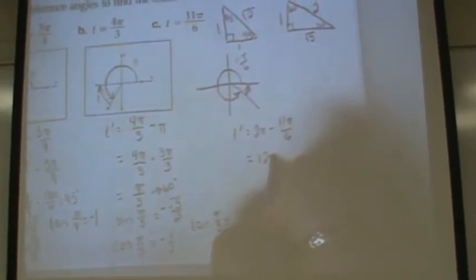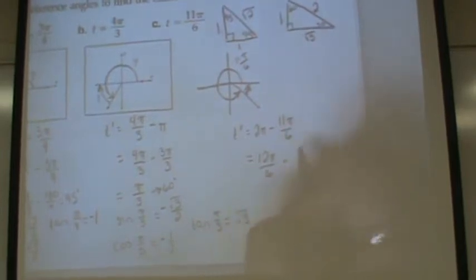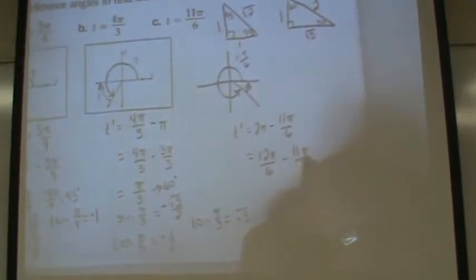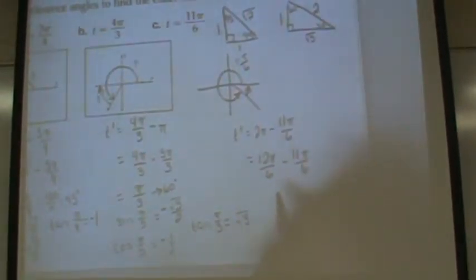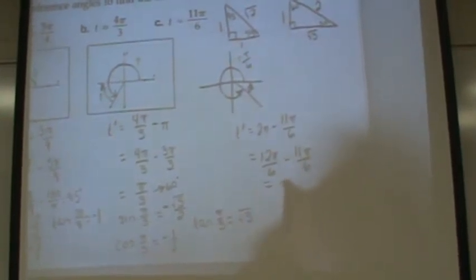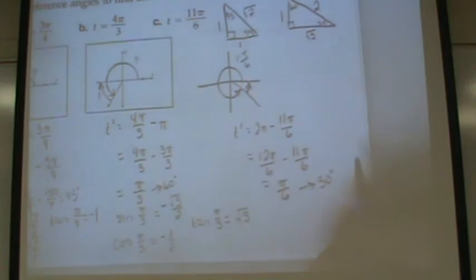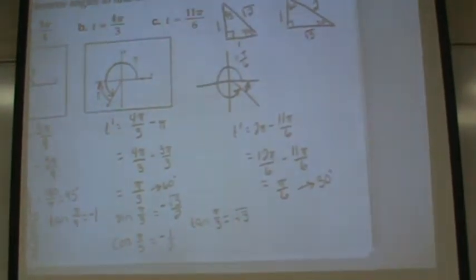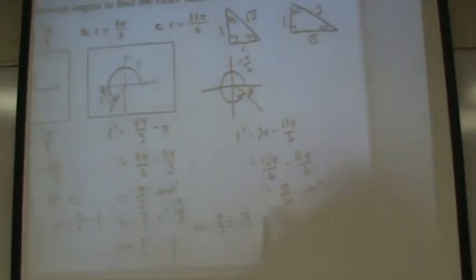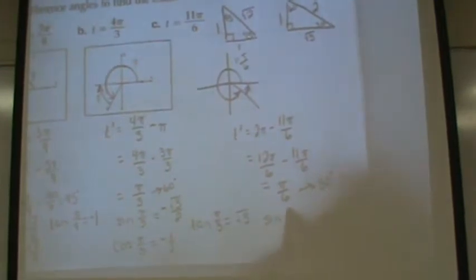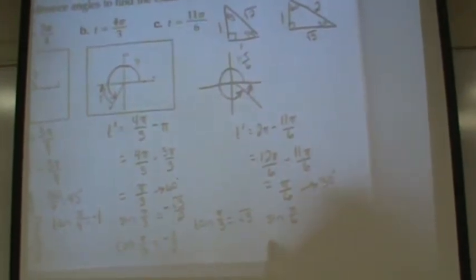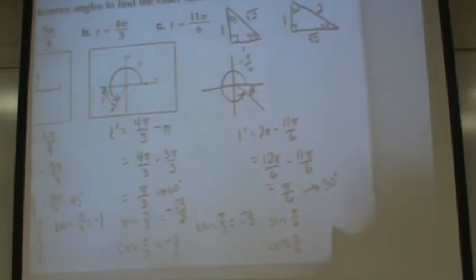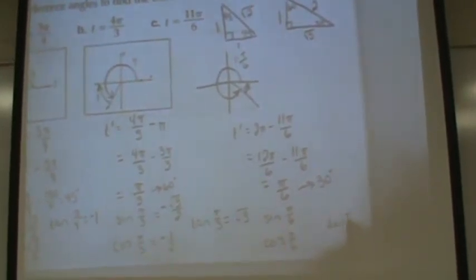So you're going to get 12 pi over 6 minus 11 pi over 6. So you get pi over 6, which is your 30-degree angle. So again, we're going to find sine of pi over 6, cosine of pi over 6, and tangent of pi over 6.